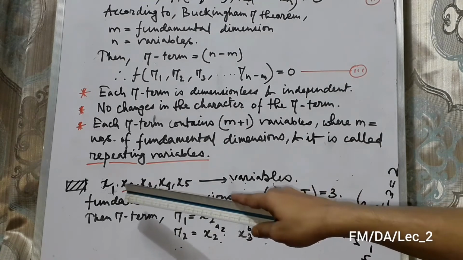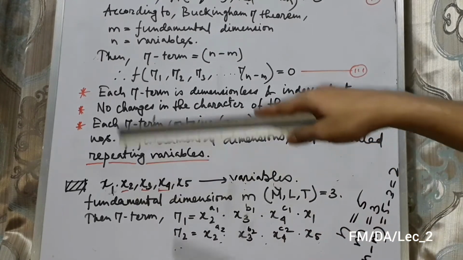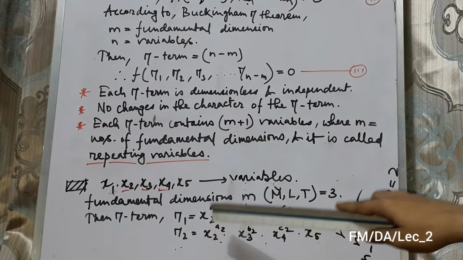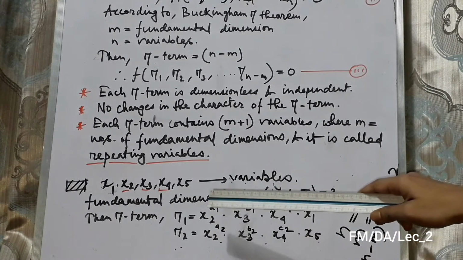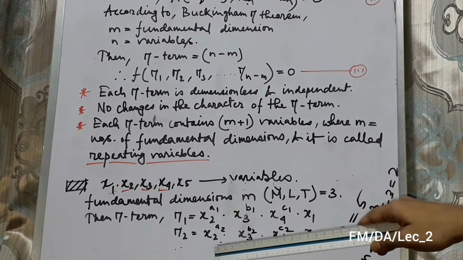and here we consider x2, x3, x4 as the repeating variables. So these x2, x3, x4 are repeated in equation number 2.